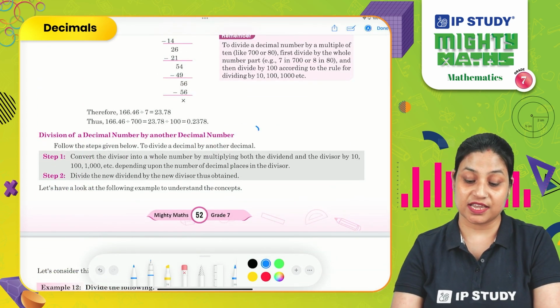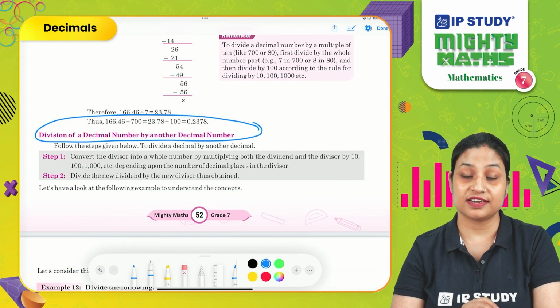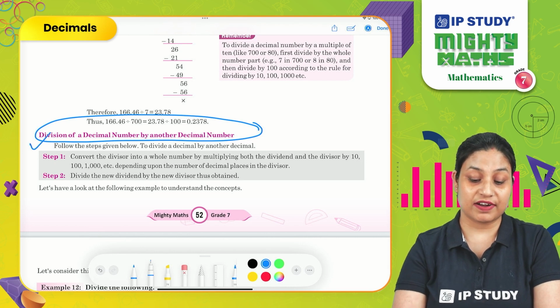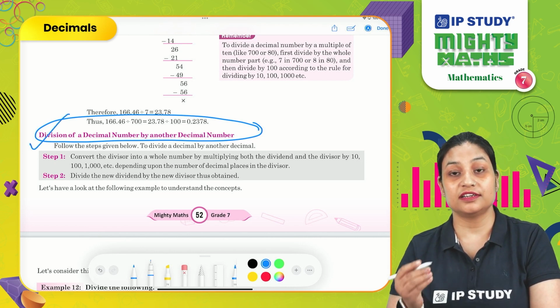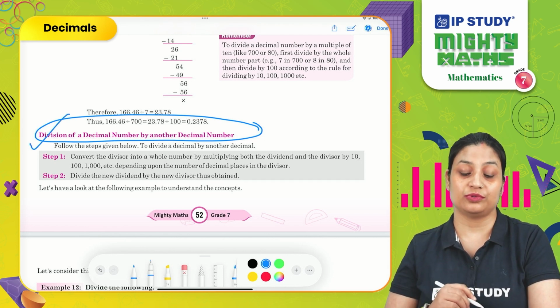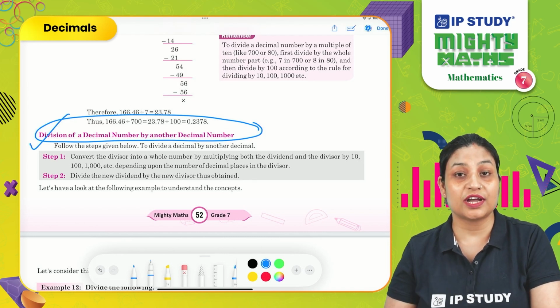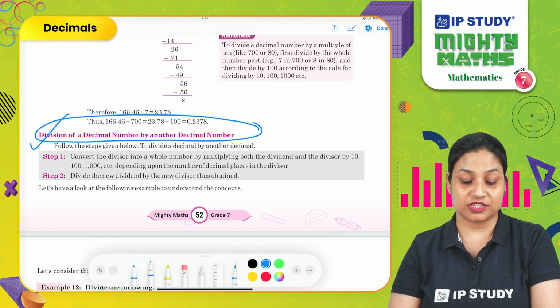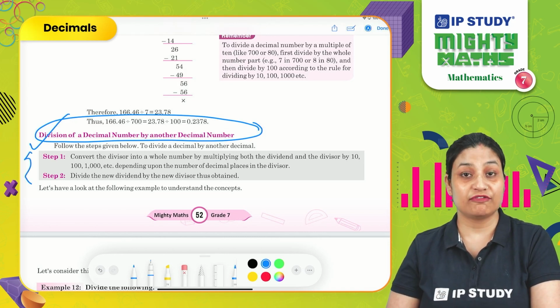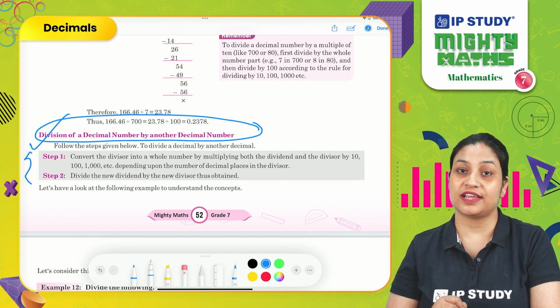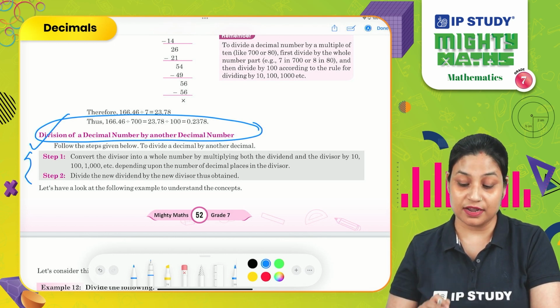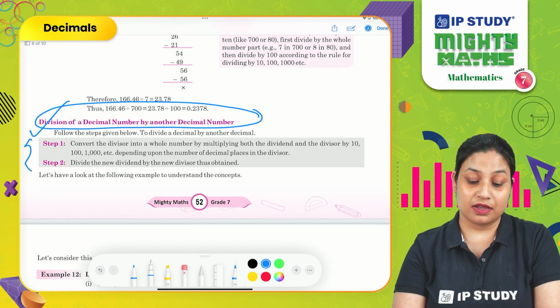The next topic is another scenario, that is dividing a decimal number by another decimal number. How are we going to do that? Again, we are going to do that in 2 steps. The 2 steps are written over here. Let me read them for you and thereafter we will discuss one example based on this topic, right? Let's read it together.